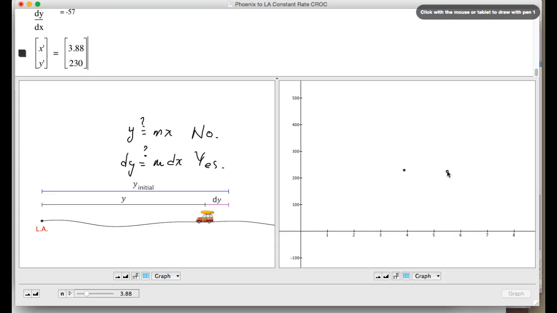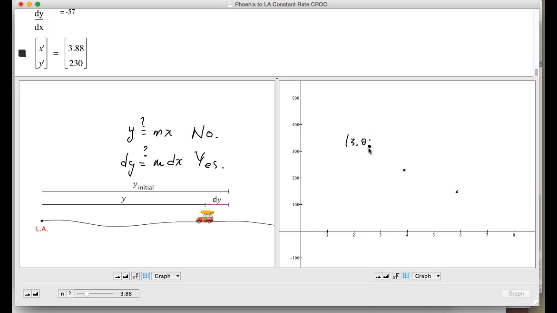There's a lot of overlap with stuff you've done in the past, but we really want to focus on this process. What was the first thing we did when we were going to build all correspondence points? Yeah, it was dx. This is the point 3.88, 230.